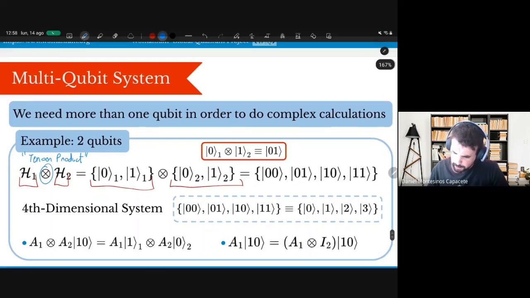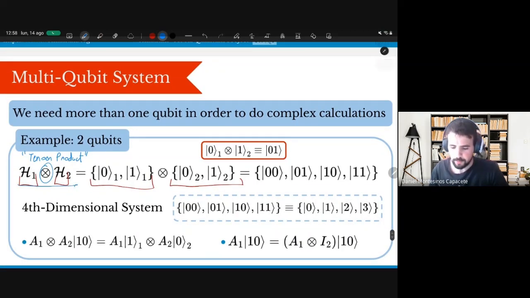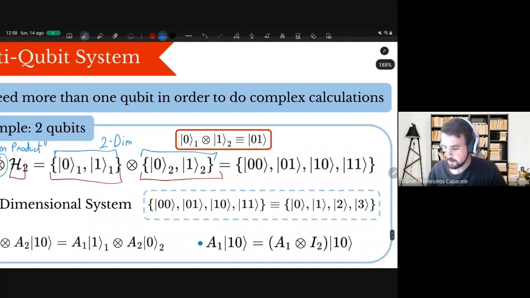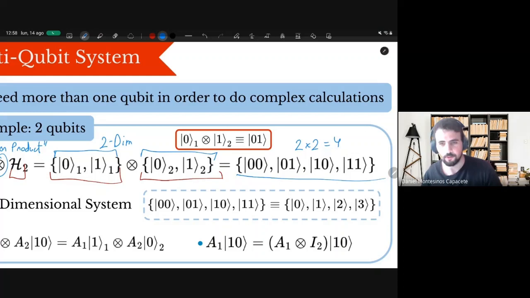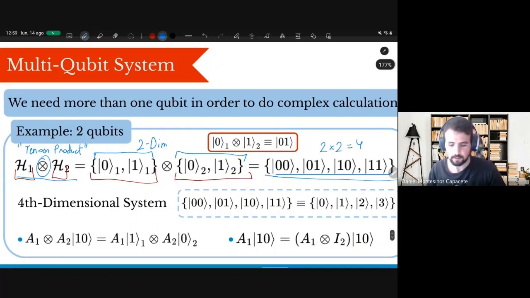So you have the tensor product of two Hilbert spaces, and each Hilbert space is a qubit system, a two-dimensional system, and this is another two-dimensional system. At the end, you get a four-dimensional system because it's two times two. And you get this new Hilbert space that is the tensor product of these two Hilbert spaces.